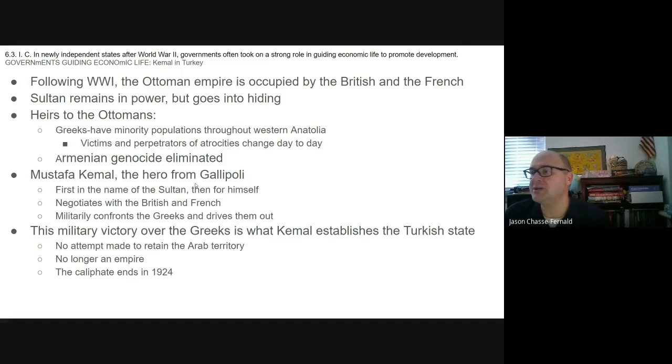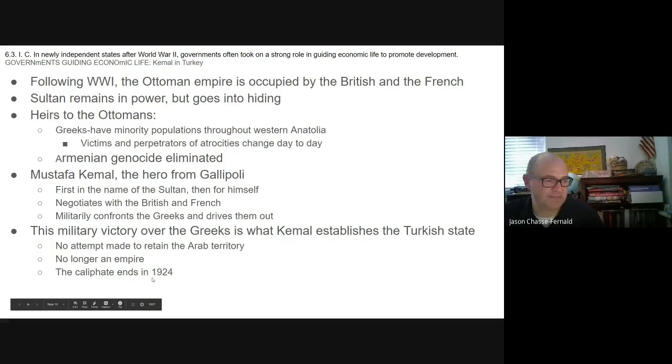He is a hero that emerges out of this period at a time when there's not much to celebrate for the Ottomans. So we have a dynamic nationalist personality, and he will usher in the reforms that he believes are necessary in order to give the Turkish people back control of their own fate, because in the years leading up to World War I, during World War I, and afterwards, it looked like they had lost control of their own destiny.